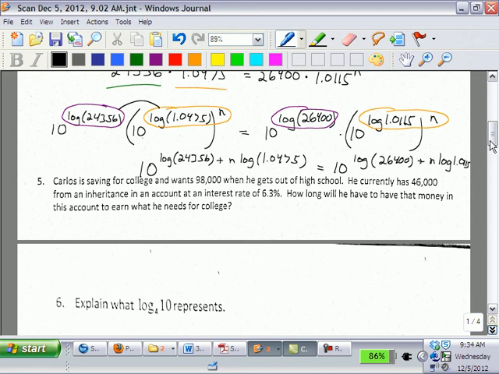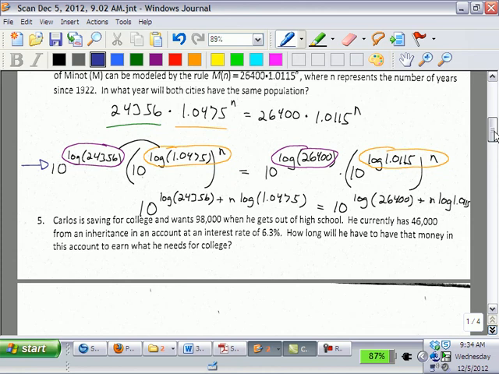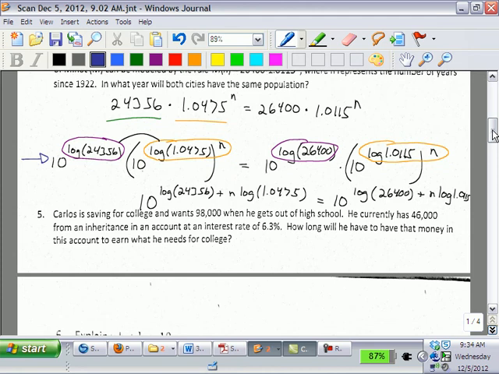Yeah, I want to see those in two steps. I want to see that the left-hand side is all in the same base, the right-hand side is all in the same base. At this step right here, you've got two 10s on each side. Okay, so from this step to this step down here.